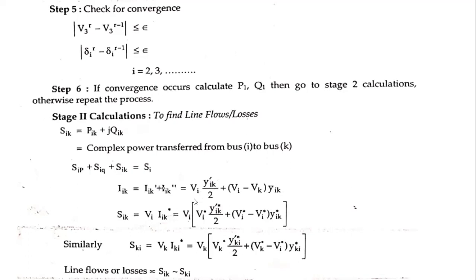Therefore, Sik equals Vi into Vi conjugate into Yik dash conjugate by 2, plus (Vi conjugate minus Vk conjugate) into Yik conjugate.